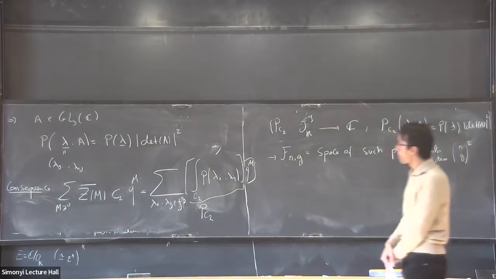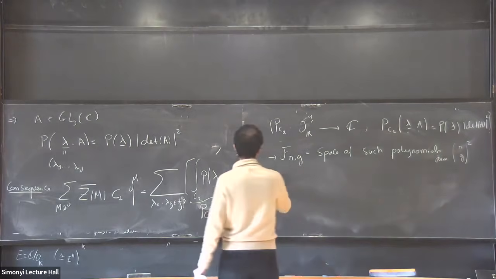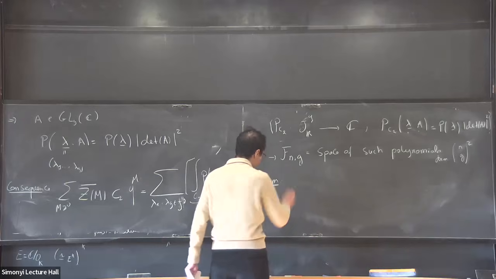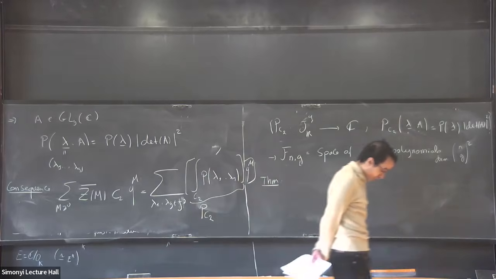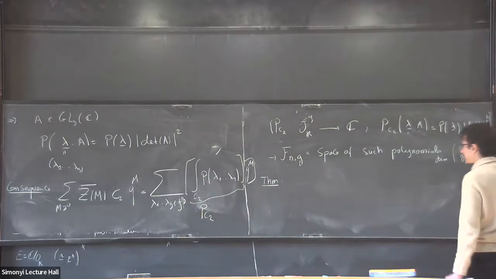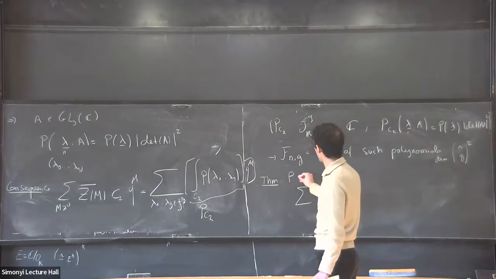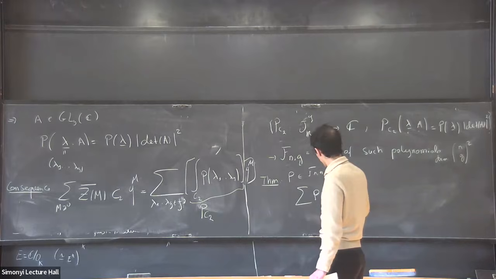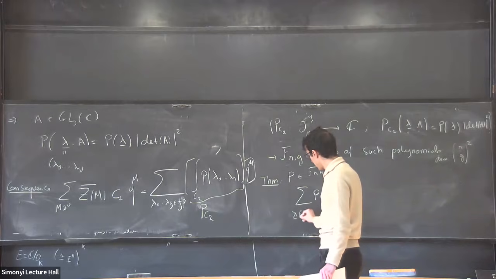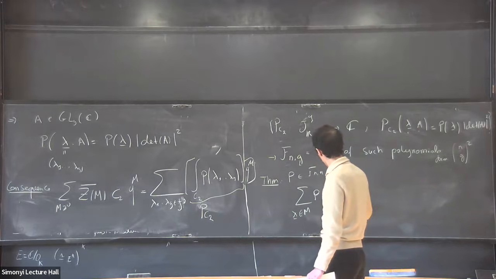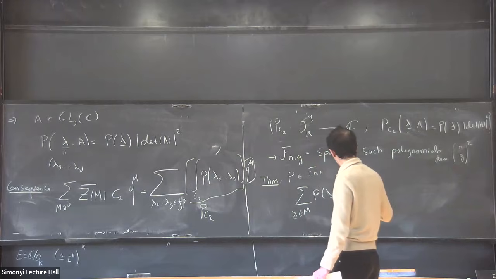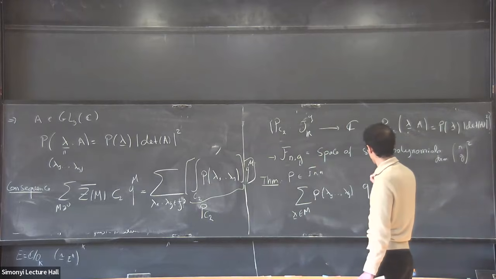And to any such polynomial now, you can construct its theta series. So take any polynomial P in F_{N,G} and form its theta series by summing over elements of this lattice M, Q to the power intersection matrix.